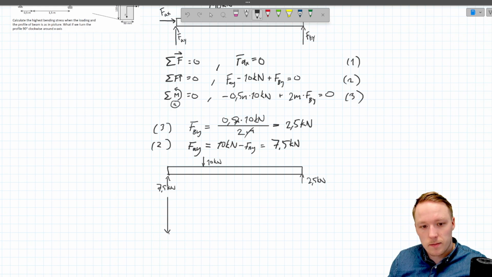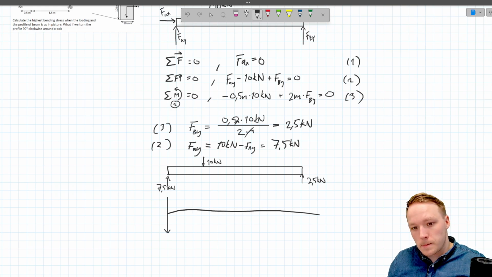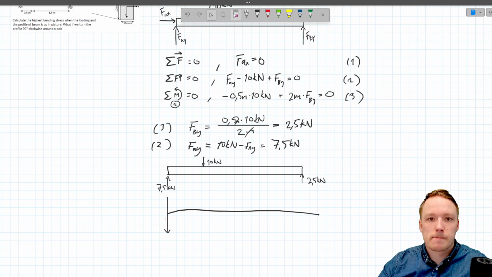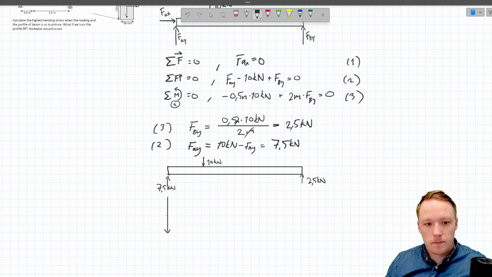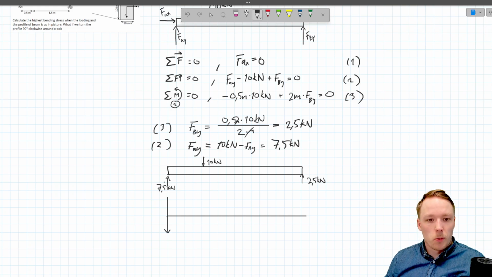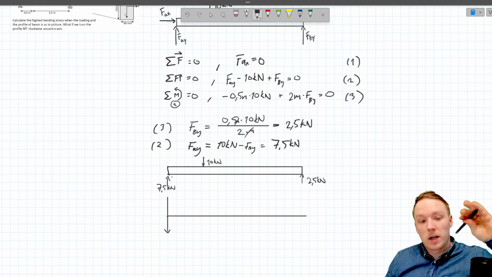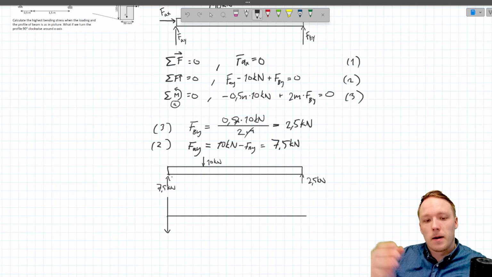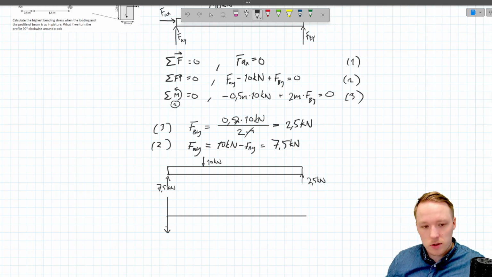Now drawing the shear force diagram. So first, when we have external force pointing upwards, it means that we are going to be having internal shear force downwards, which is our positive direction according to our sign convention.